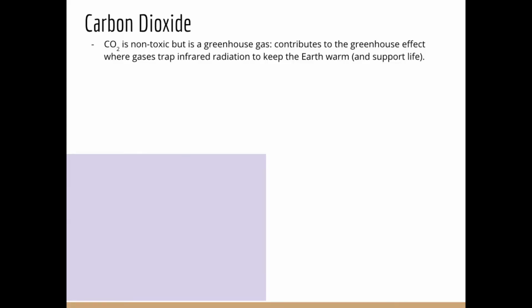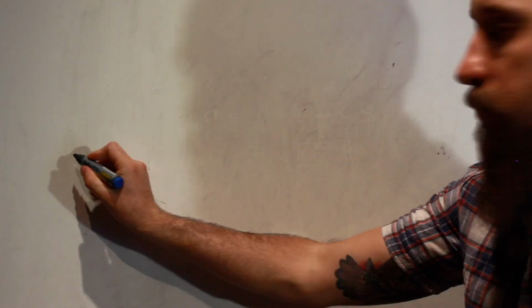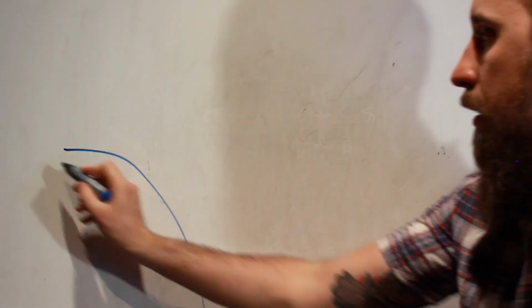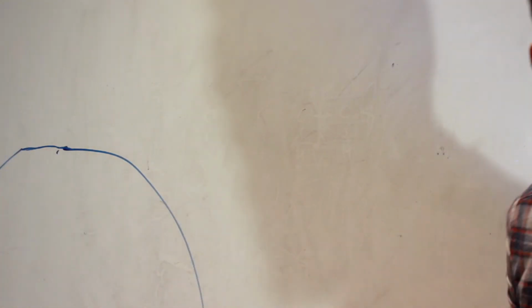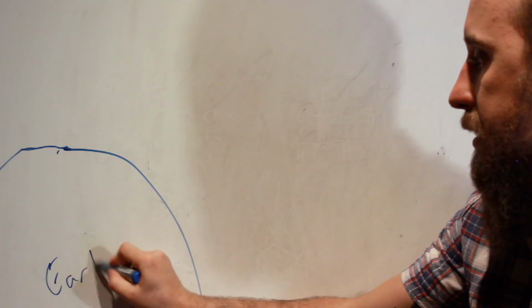So what happens is there's a certain amount of greenhouse gases in the atmosphere. If I draw our blue Earth like that, that happy little chappy down there is the Earth.